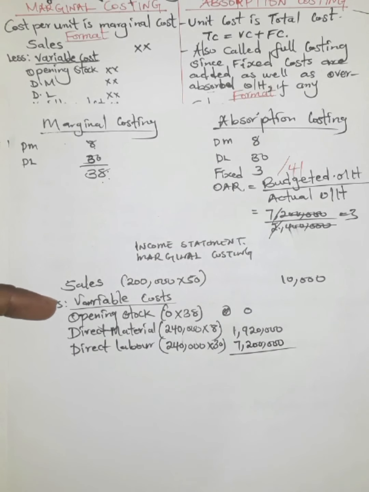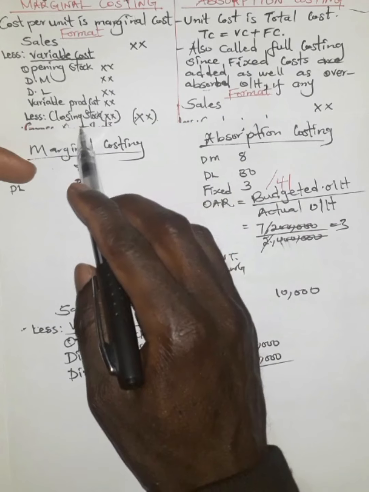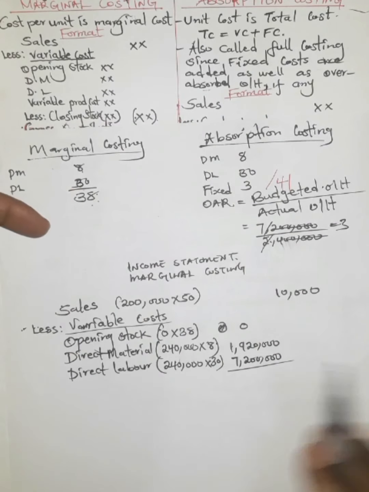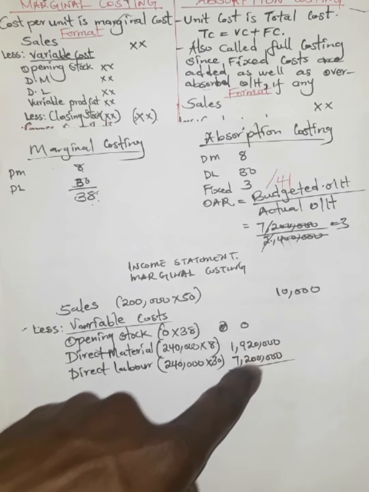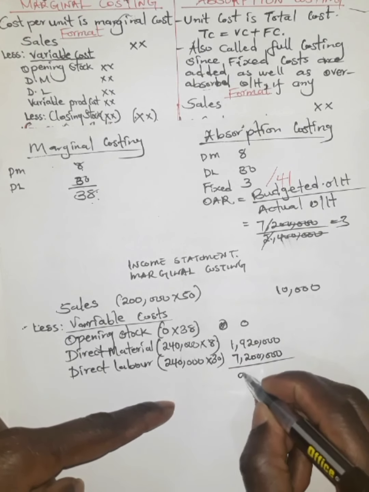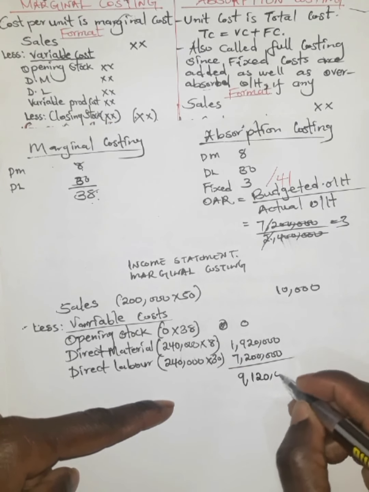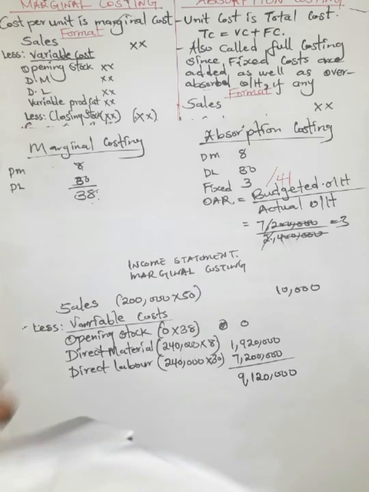Then we are supposed to factor in direct expenses. In this case we don't have direct expenses, so we just add these two, and when you add, you get a value of 9,120,000.